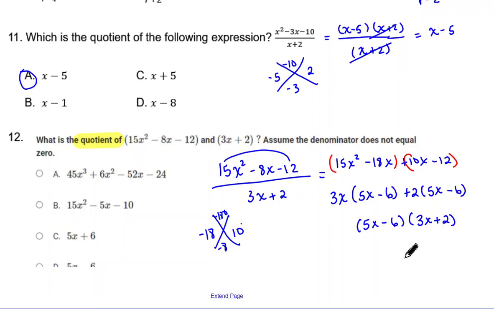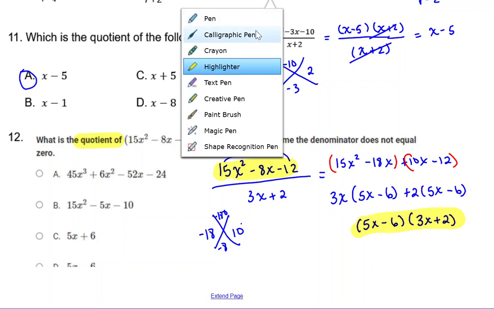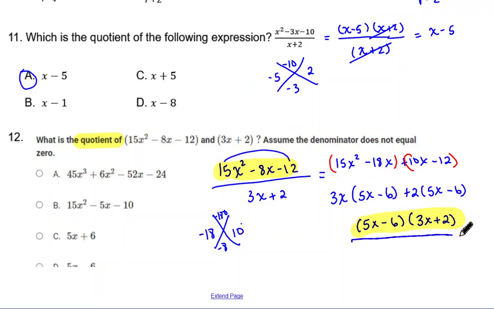Okay. All right, so that was just the numerator part. That's the factored form. So again, 15x squared minus 8x minus 12 is factored into this. And then let me go ahead and bring the denominator over.